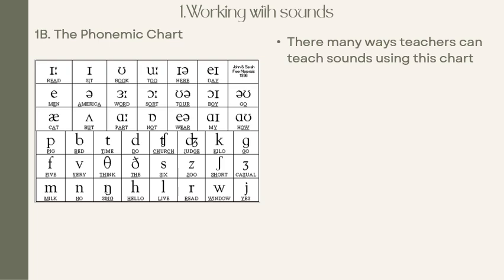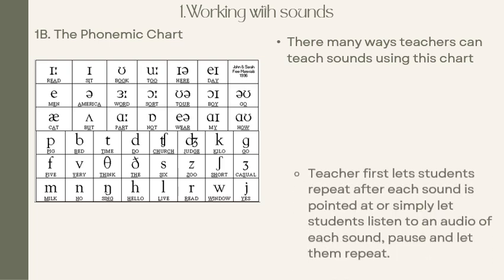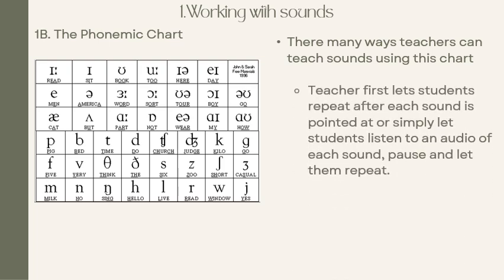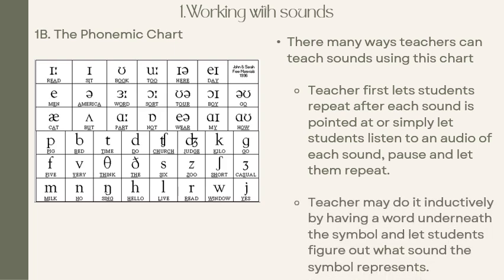But you can learn the symbols yourselves or play the recording of each sound in the chart and let students listen and repeat. Better yet, you can have words underneath each symbol. And you can teach students inductively by having them try to work out the sound of each symbol by looking at the word underneath it.